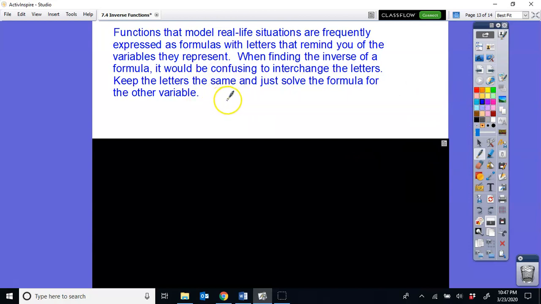If you are trying to find the temperature in Fahrenheit, you take 9/5 times the Celsius temperature plus 32. And that is the formula for Fahrenheit. That function is a linear function. If you look at it, it's y equals mx plus b, just like other linear functions that we've looked at. It's just using f and c instead of y and x.